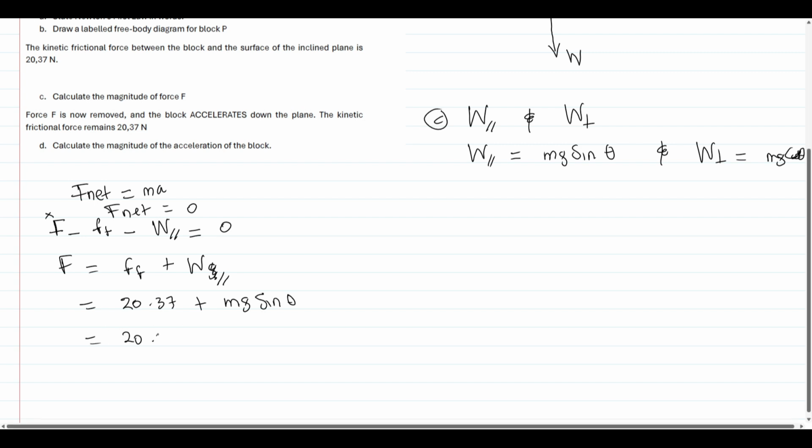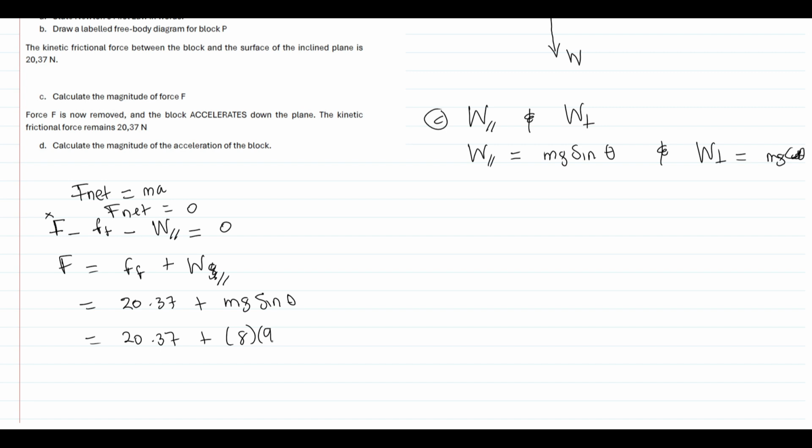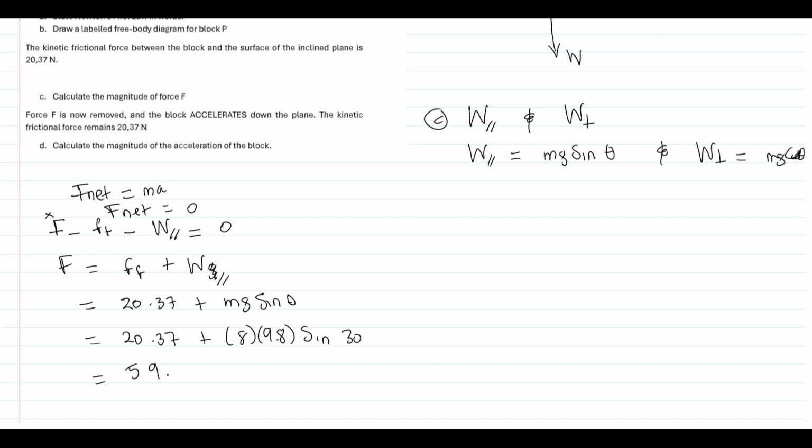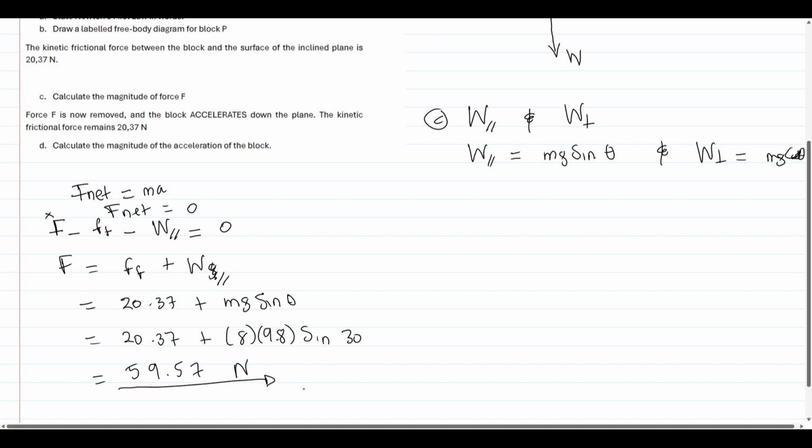So 20.37 plus 8, which is the mass of the block, times 9.8, the gravitational acceleration, times sine 30. If we calculate this, it equals 59.57 newtons. Don't forget your units.